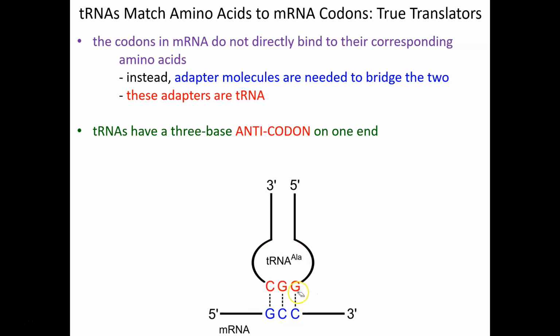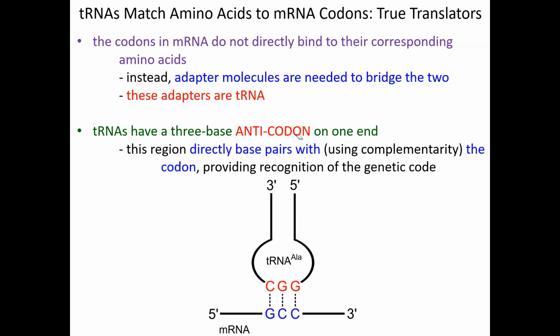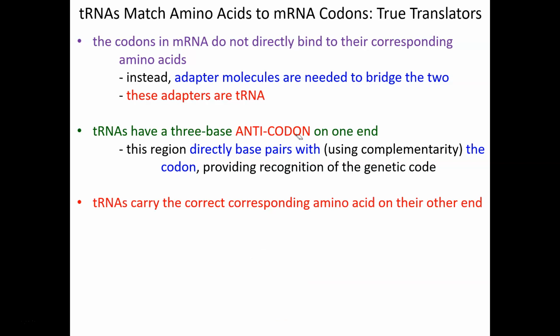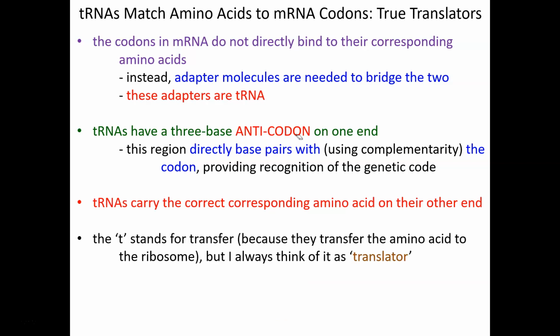Transfer RNA has the anticodon GGC, which is base pairing complementarily with the GCC codon. And that transfer RNA is going to have on its other end alanine, and it's going to bridge that alanine amino acid to the codon. So the anticodon of the transfer RNA directly binds to, using base pairing, the codon on the messenger RNA, and it carries with it the amino acid that that codon encodes.